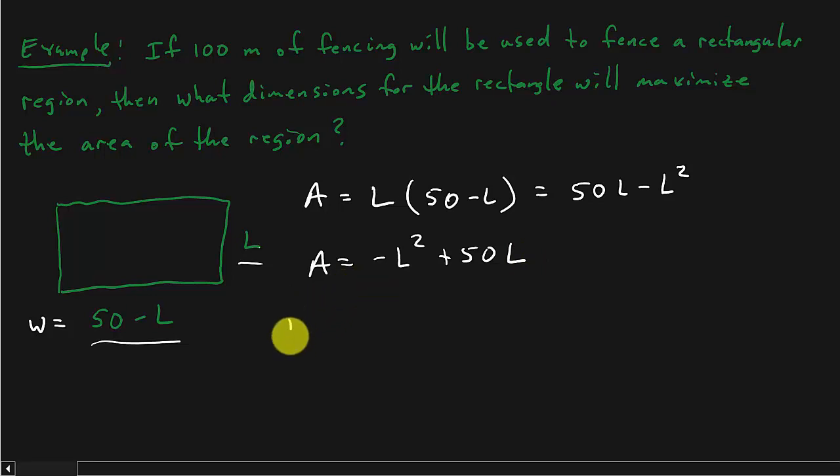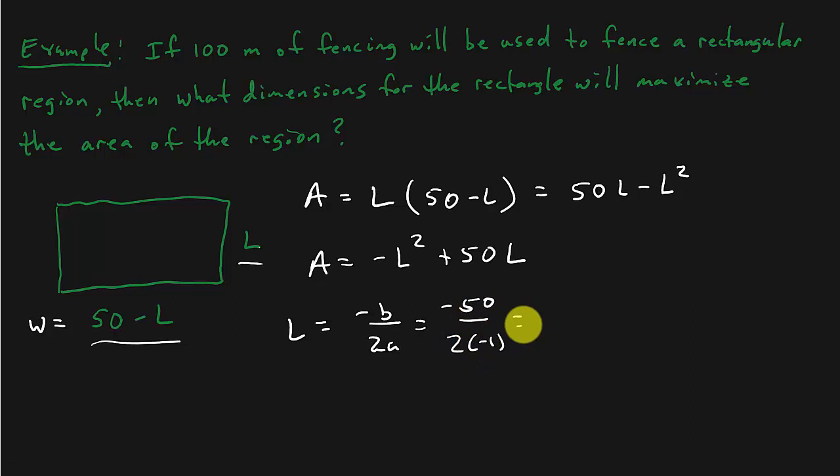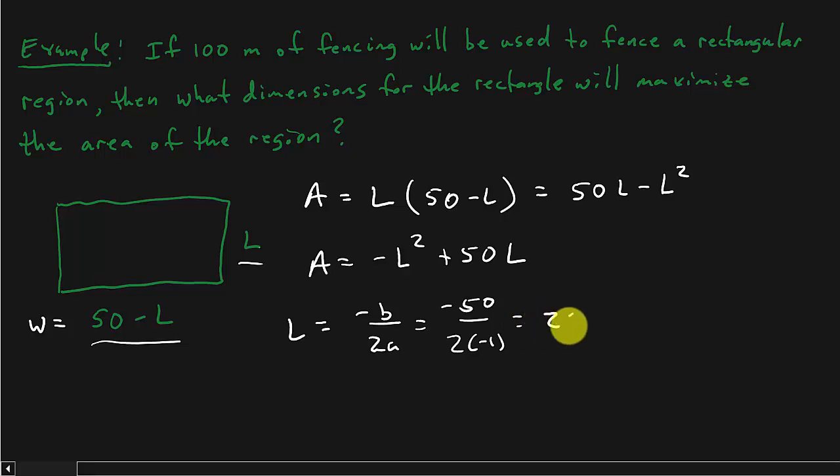So that's just the vertex. So let's do L. See, L is like my X. A is like the Y. And so L, that's going to be negative B. Well, let's write the formula down. Minus B over 2A. So that's negative 50 over 2 times negative 1. So that is going to give me 25, right?